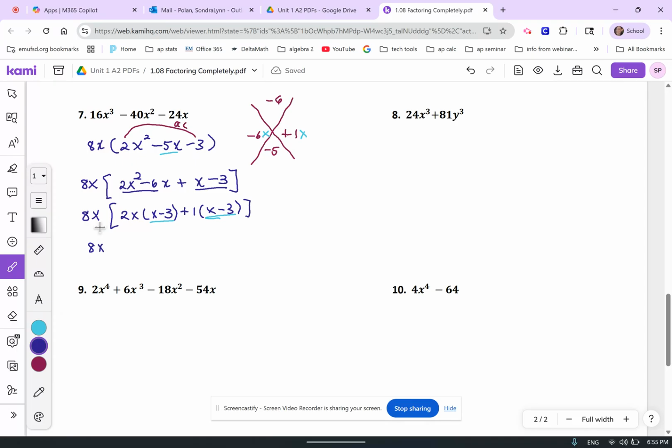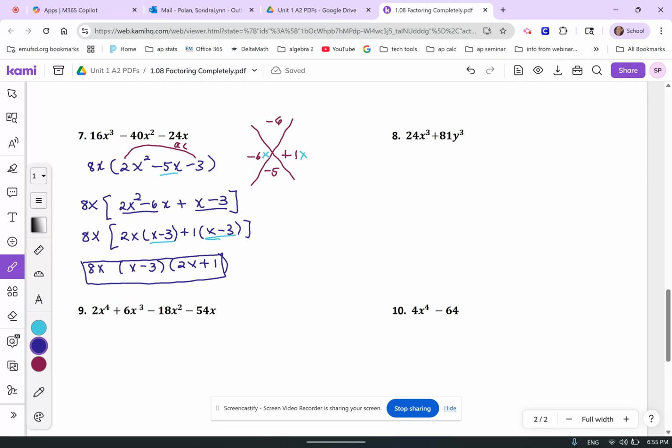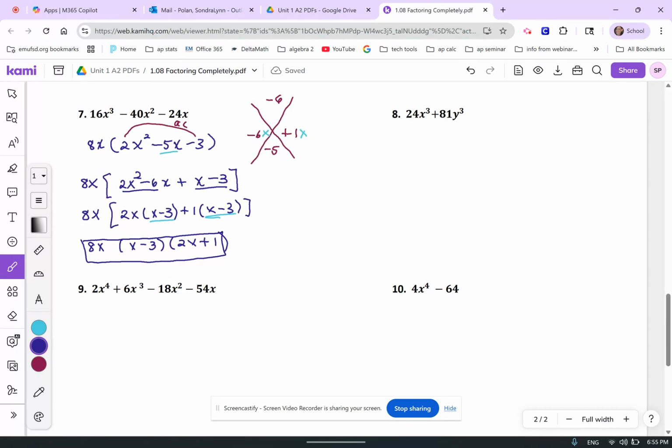I bring down that original 8x, then put that common binomial of x minus 3, and I'm left with 2x plus 1. And I just factored it. So in class, the only difference is I used a different technique to factor with a leading coefficient not equal to 1. Now let's go on to problem number 8.